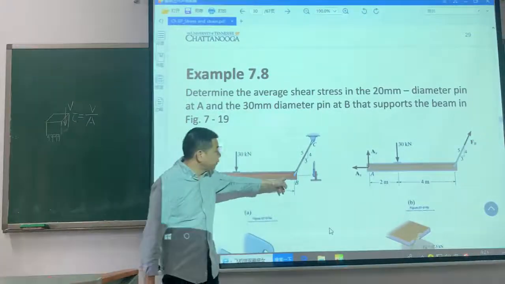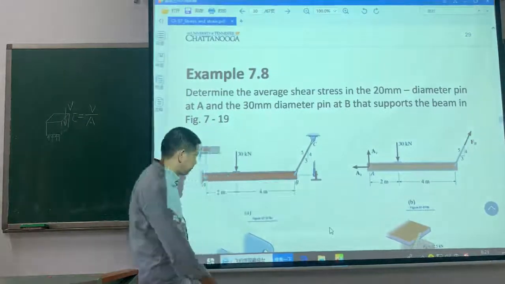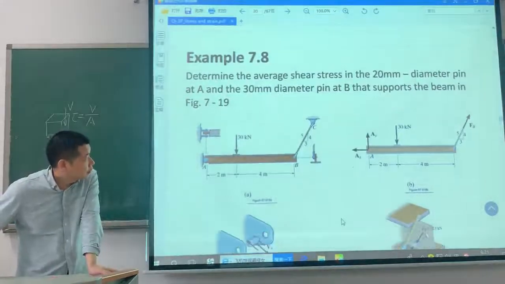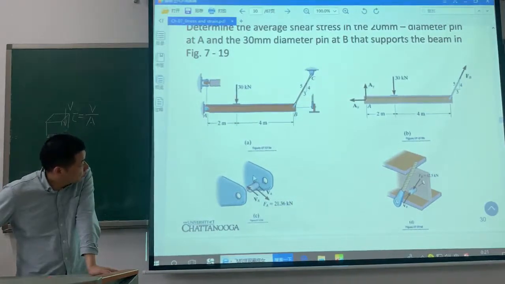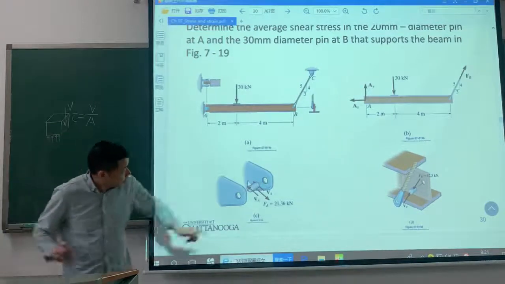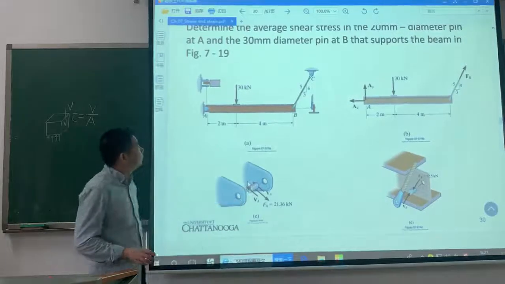At point B is also a pin. Look at the figure. The detailed information of the structure is in the figure.